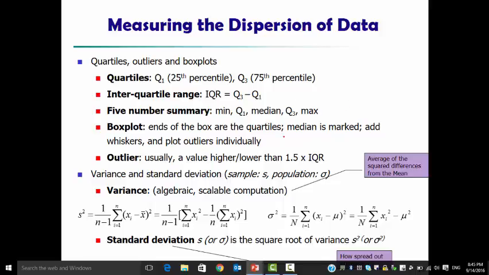So as you can see here, how they are different and how we can interpret them. Variance tells us the average of squared difference from the mean, as opposed to standard deviation, which is how spread out it is.